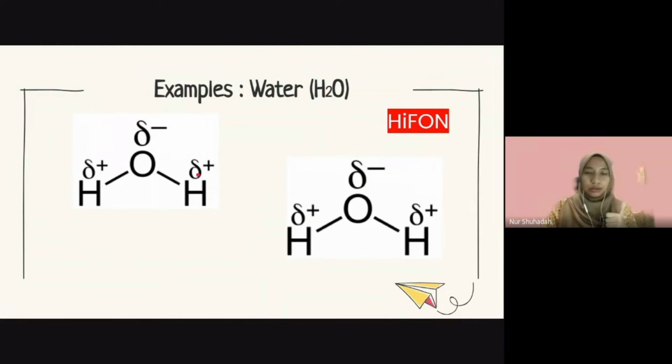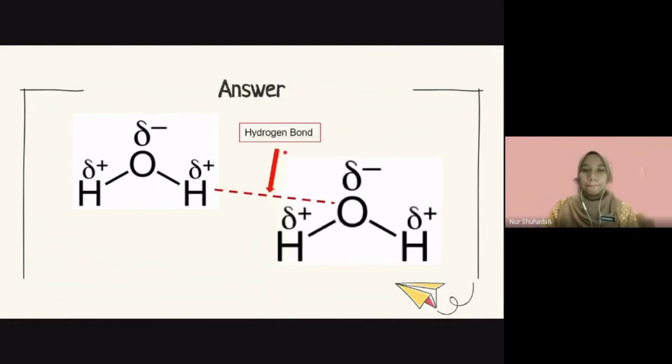The hydrogen atom is bonded to oxygen atom, FON, so the water molecule can form a hydrogen bond. So where is the formation of hydrogen bond here? The hydrogen atom here will bond to FON, which in this molecule is the oxygen atom in another molecule. So it will form hydrogen bond.